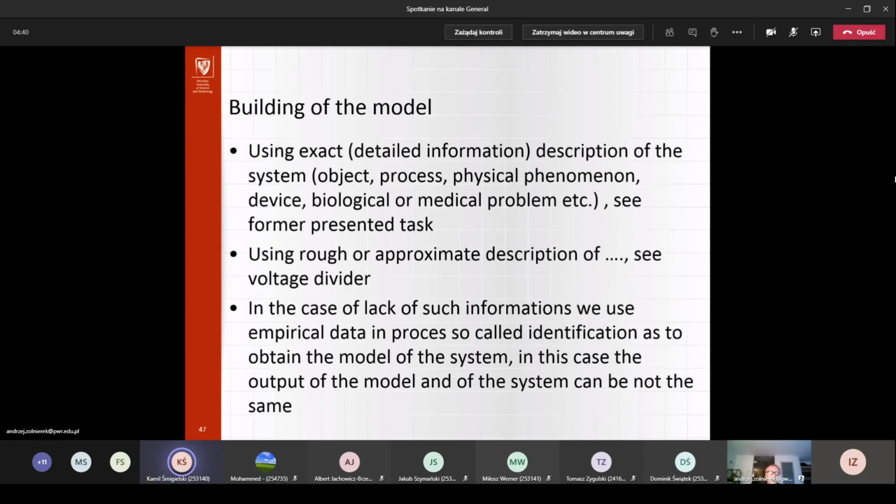We have full total information about rules, about equations, and we used them just to derive the model. This model, in fact, is some kind of dependency between what we name output and what we name input.